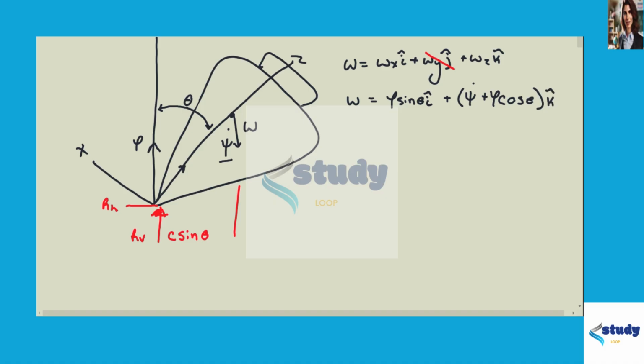Okay, and now we need to express the angular momentum about O, which is right here, the initial. So that is just going to be H equals I w x i hat plus I y w y j hat plus I w z k hat.